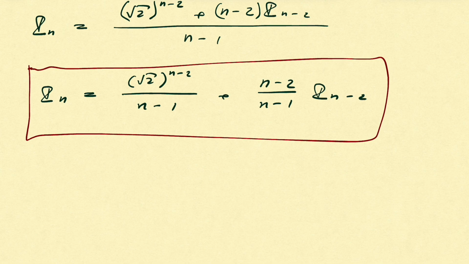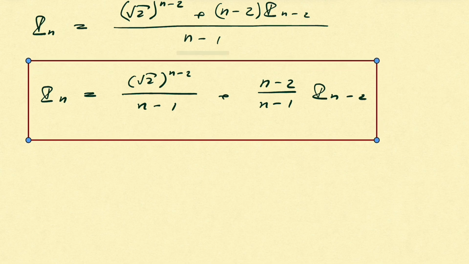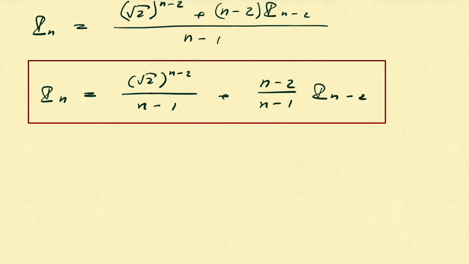We obtained this formula for I sub n. Great. We are almost done with our problem, and now with this identity you can compute the integral from 0 to pi over 4 of any degree of secant of x, like even secant to the 74 of x dx, right? And deal with some longer expressions.